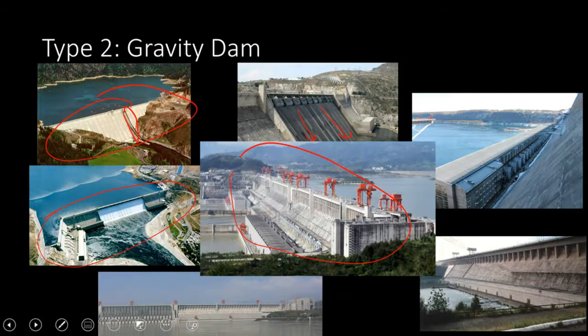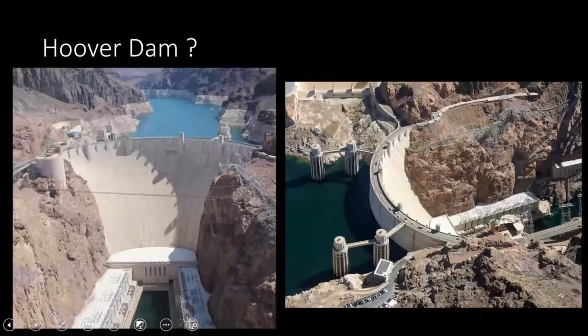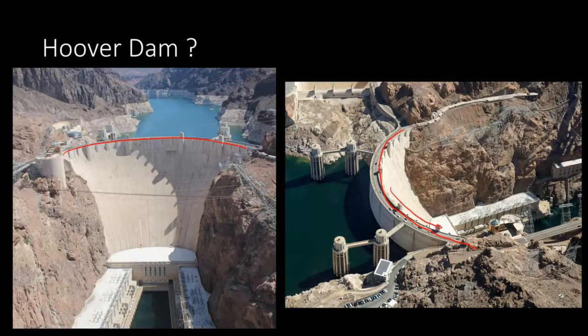So what kind of dam is the Hoover Dam then? From this angle, actually from both angles, we could make a case that it's an arch dam. However, the main thing it has, that the other arch dams did not have, is its side angles down like so. And for this reason, we call the Hoover Dam an arch gravity dam. And basically it's trying to take the strengths of both of them.